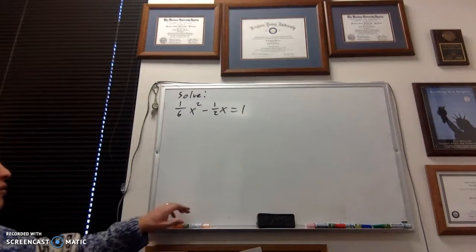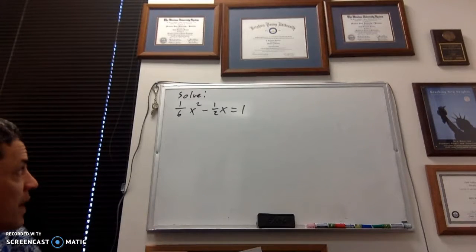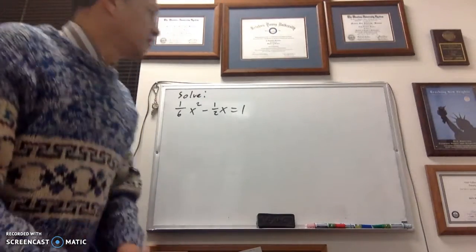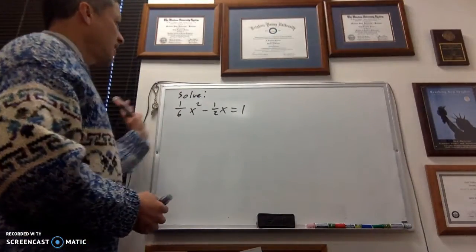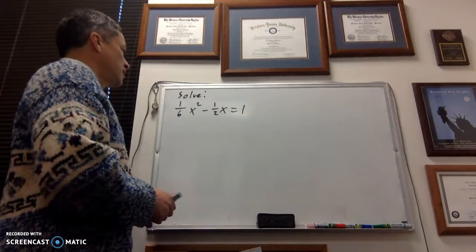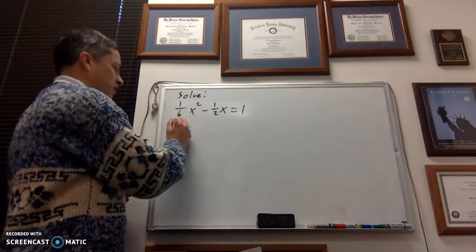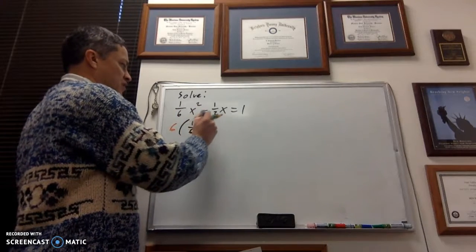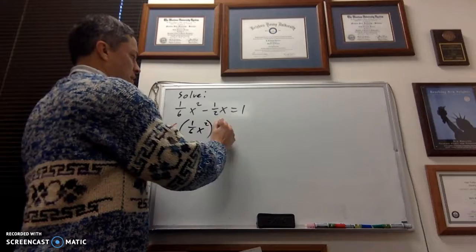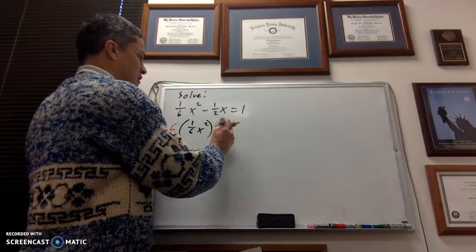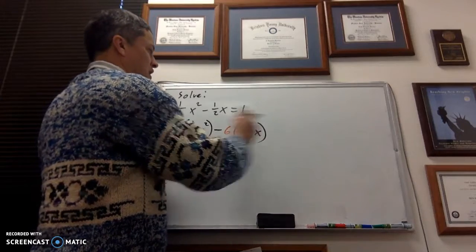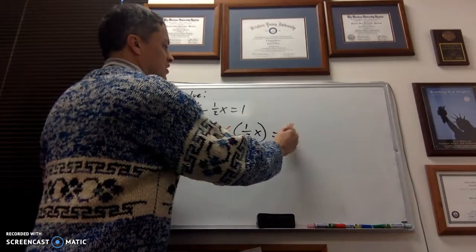So we're going to solve 1/6 x squared minus 1/2 x equals 1. So let's distribute a 6 through, to clear out the fractions first of all. So we'll go 6 times 1/6 x squared minus 6 times 1/2 x, and that's going to equal 6 times 1.